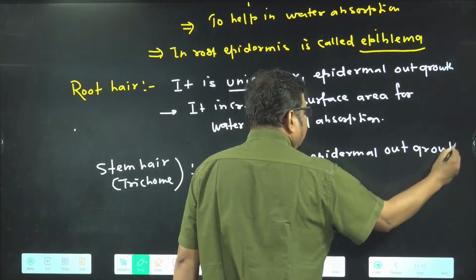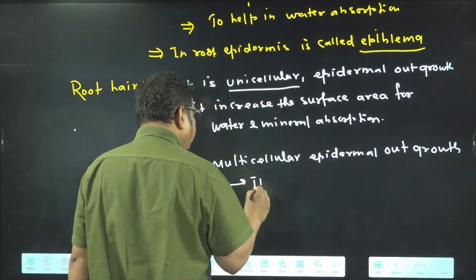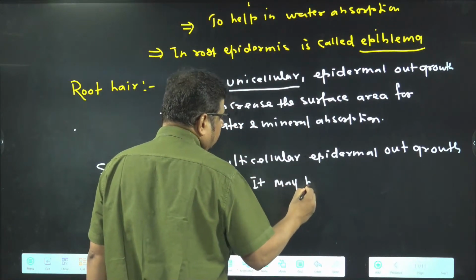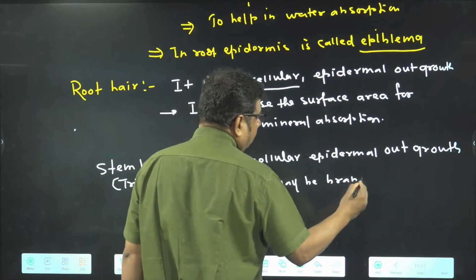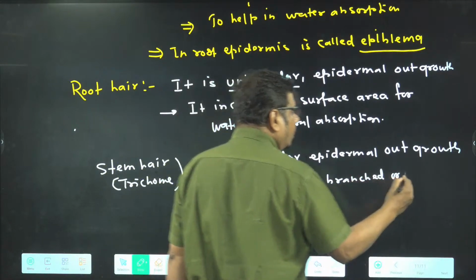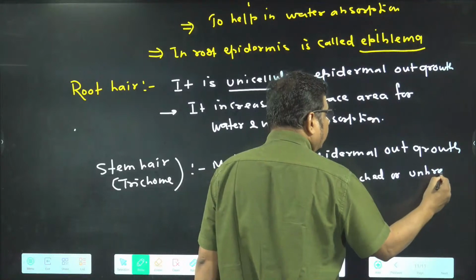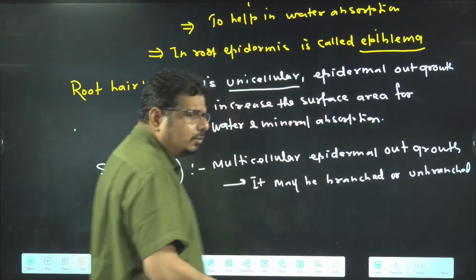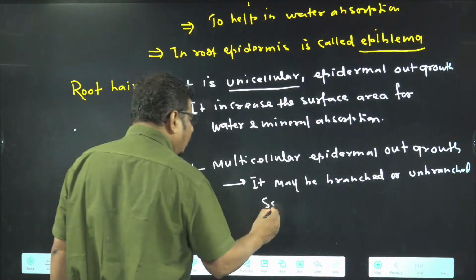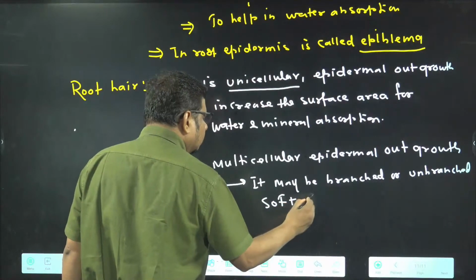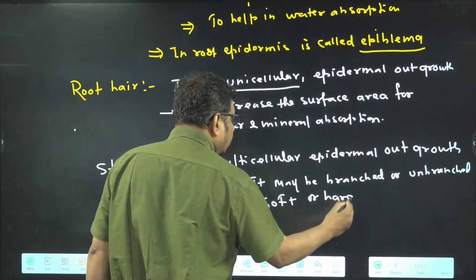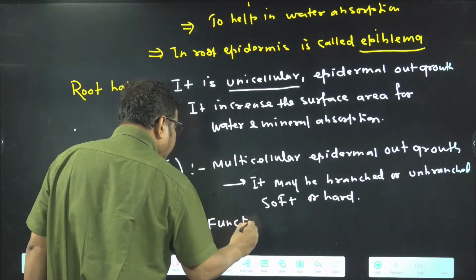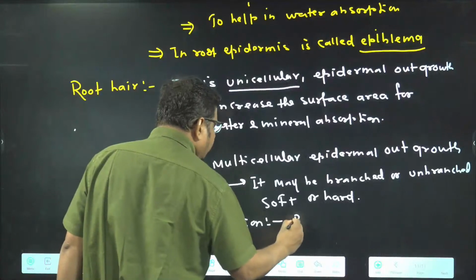And it may be branched or unbranched. It is soft also, hard also. You can say soft or hard. And its function is to prevent water loss from the stem.